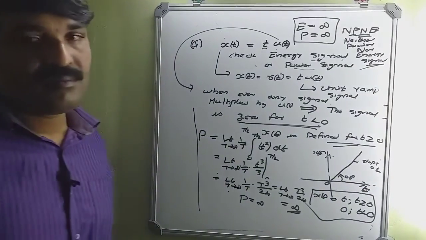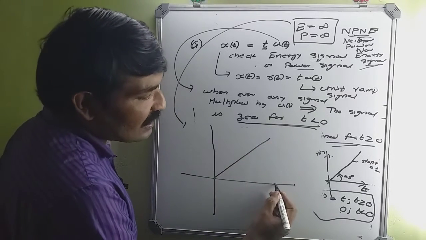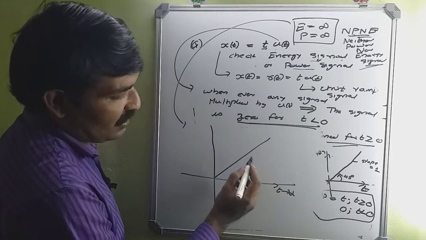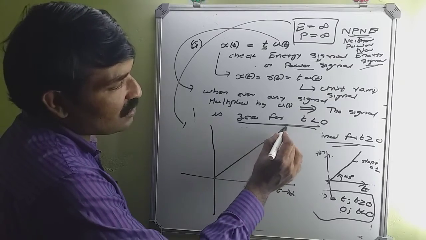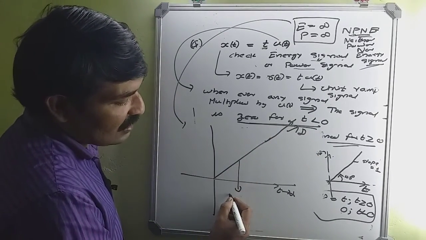Right. Let us check the figure. As t tends to infinity, the value of the signal goes to infinity. That is this integration.